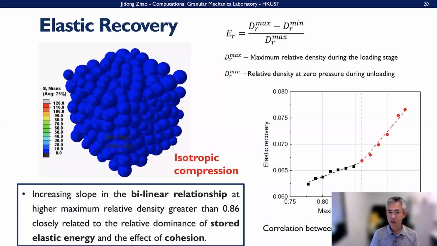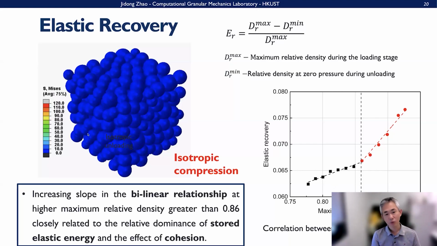For example, if you have a higher relative density, the elastic energy stored inside can be high, and so the rebounding will be stronger than the cohesive force that wants to pull the particles together during this compression. But when the relative density is low, the cohesion will be more dominant than the stored elastic energy for the rebounding here.